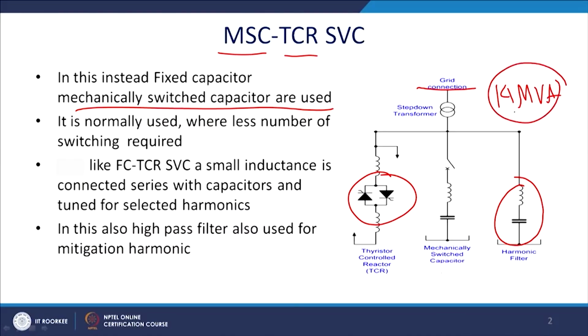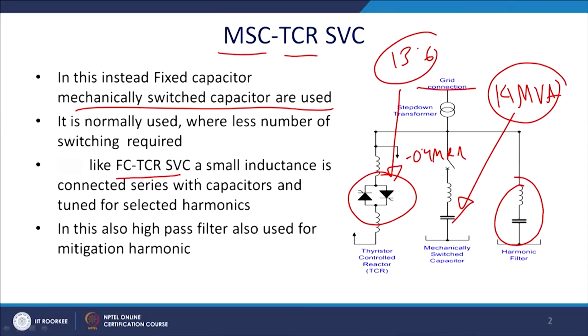If at a moment it is 13.6, then one TCR will have the capacity to inject 1 megavar negative. So, it will inject minus 0.4 MVA. So, this is the concept of this MSC-TCR. You will not be switching this capacitor very frequently, only for maintenance or isolation issues.